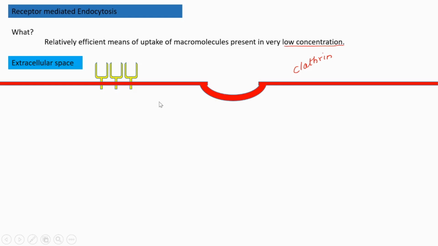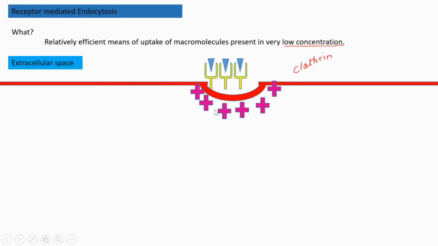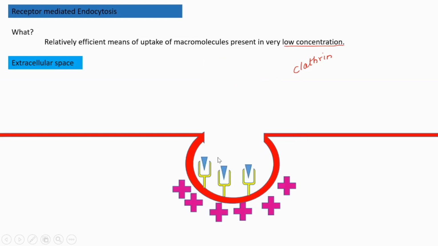So I am showing the molecules binding and moving to that pit. This is the clathrin coat. And what happens next? The pit deepens, and it detaches from the plasma membrane to form a vesicle. It is coated with clathrin, and that vesicle is called a coated vesicle.